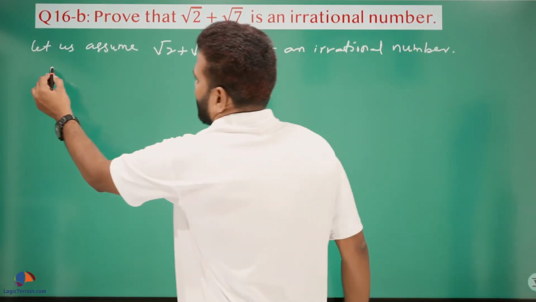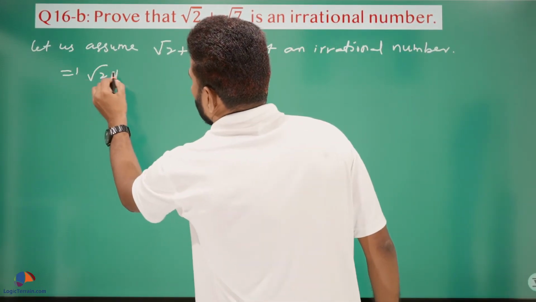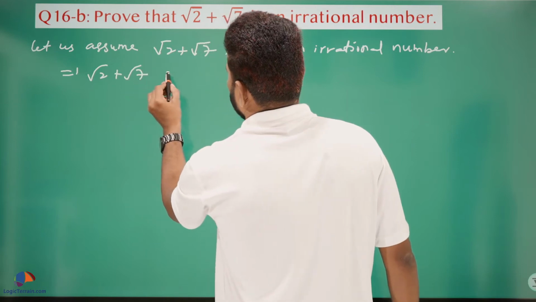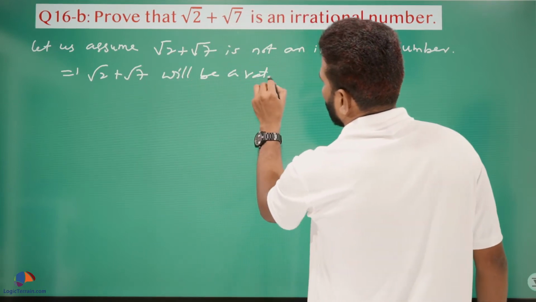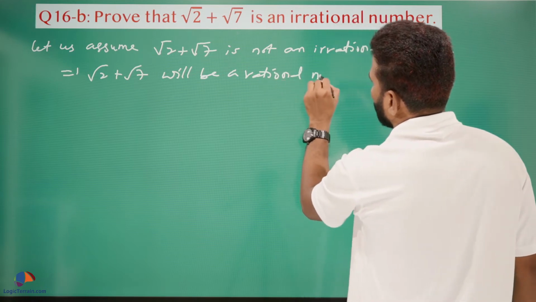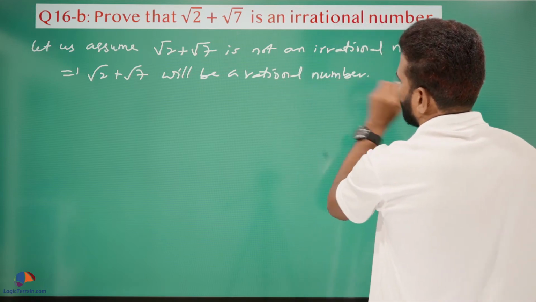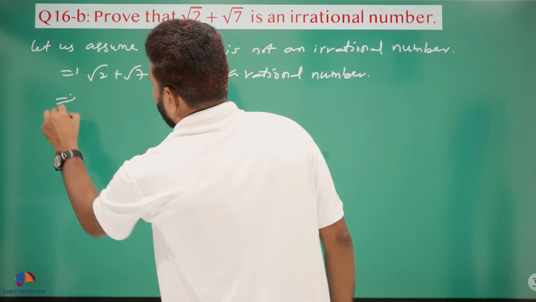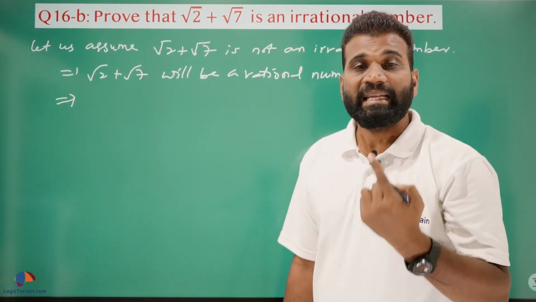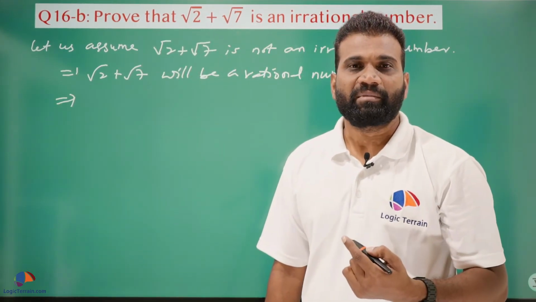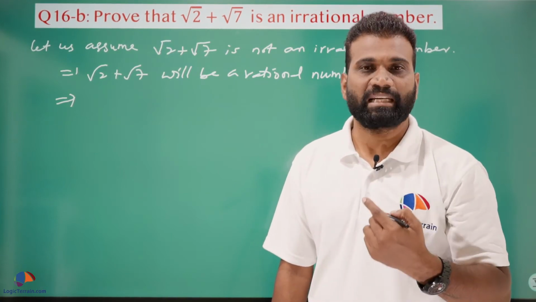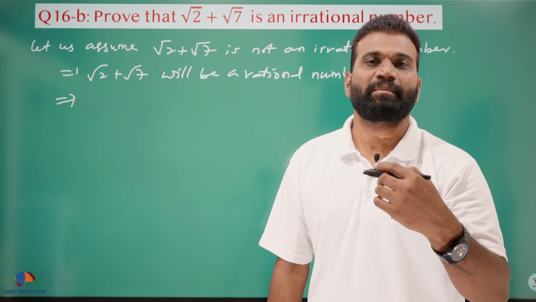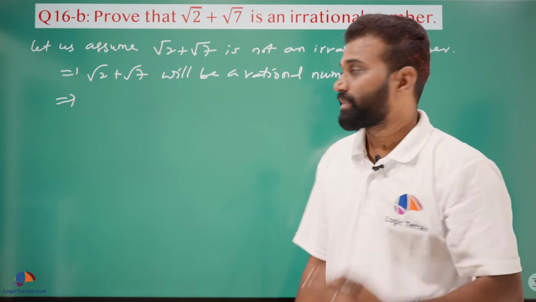Then what will it be? Square root 2 plus square root 7 will be a rational number. Then we know any rational number can be represented in the form of a fraction, that is p upon q, where q not equal to 0, that is, the denominator should not be 0.